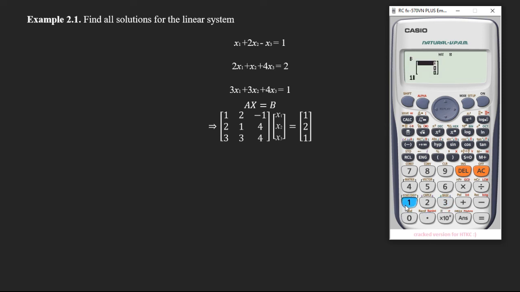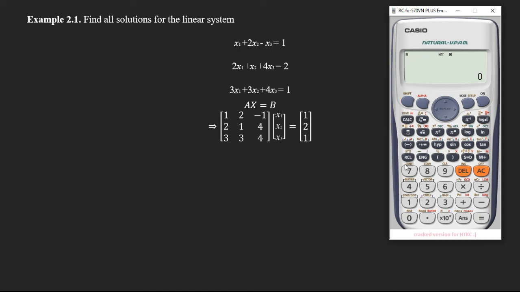Then we substitute the entries: 1 is the first entry, 2 is the entry in the second row, and 1 is the entry in the third row. After substituting matrices A and B, press the AC button.